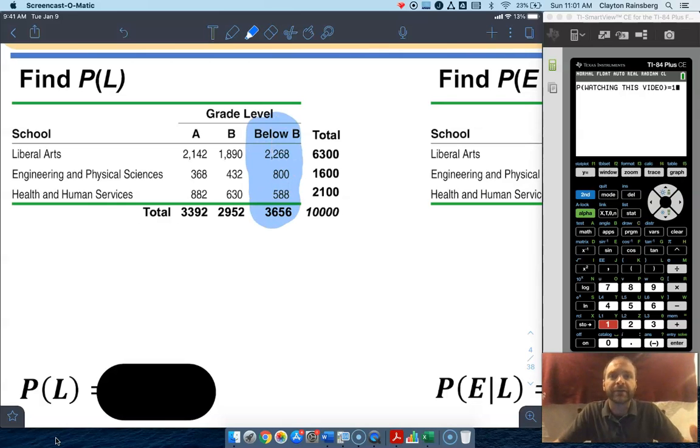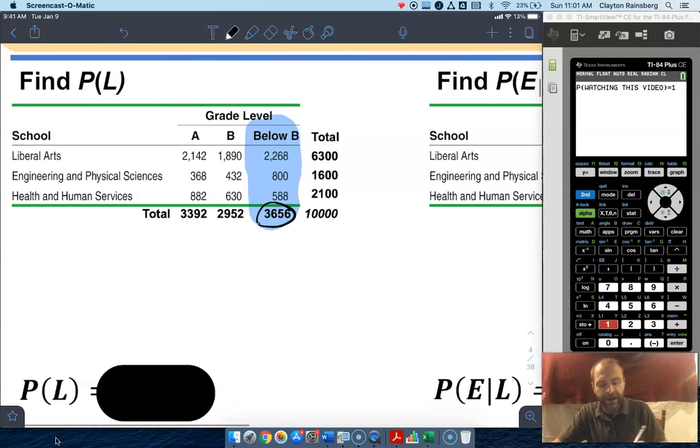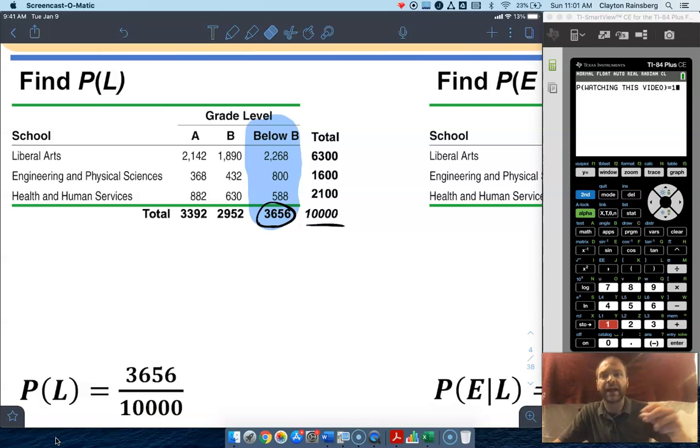How many students received a grade lower than a B? We're going to look at that total. I'm thinking it's going to be 3,656. How many total people were there? There were 10,000. So the probability of event L is 3,656 over 10,000. I could convert that to a decimal if I needed to, but we're going to leave that alone. Not conditional. Basic probability from the previous video.